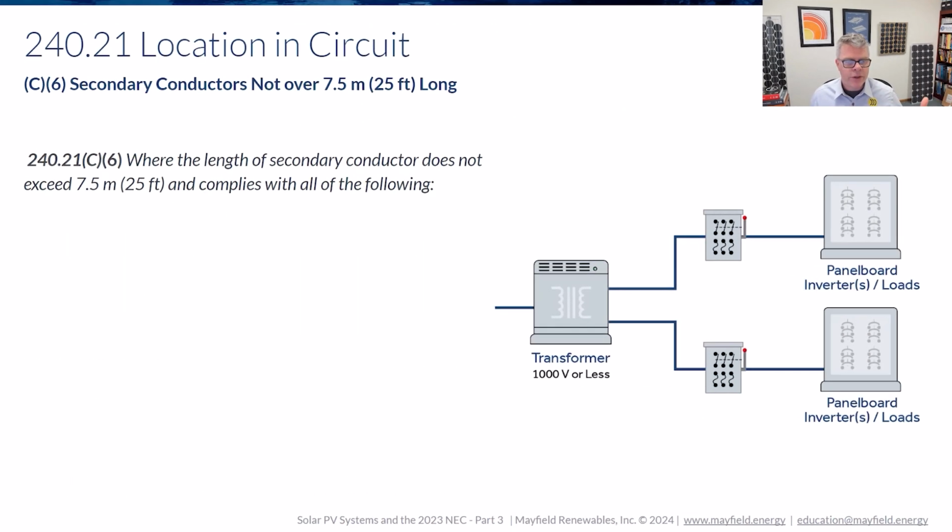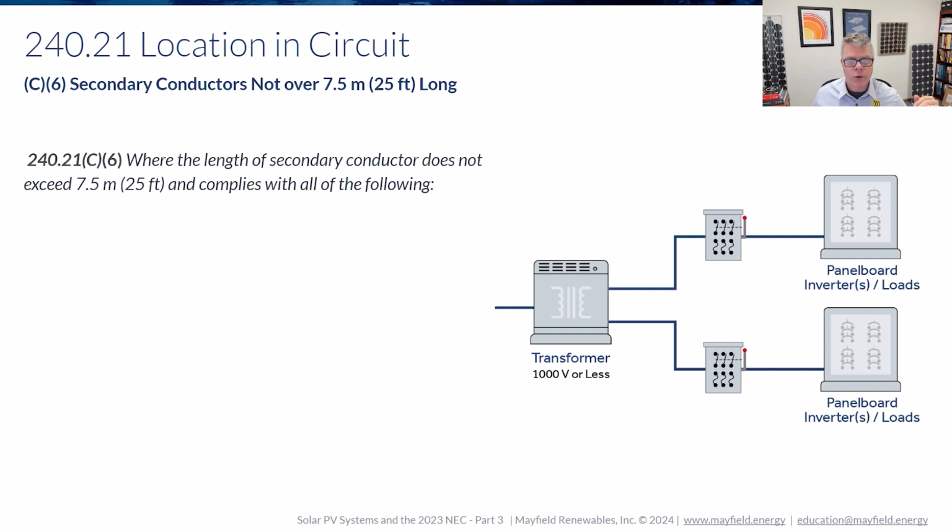What we have here in this image is exactly that scenario I talked about earlier, where we have multiple circuits that are feeding the different panel boards or the different inverters, which we can do. If you do this, the thing to note is those individual circuits, C1 through C6, get treated separately. You don't take the worst case scenario.